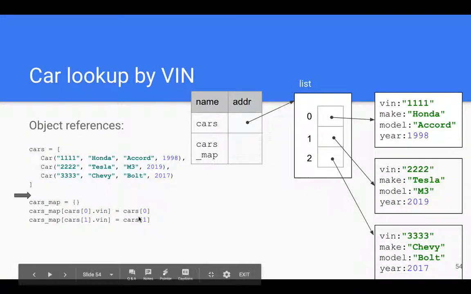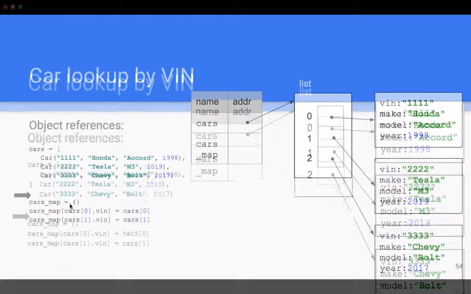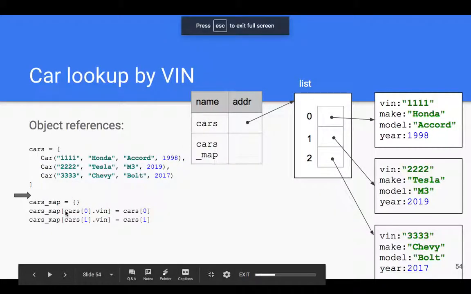Now it's important, like I said, to know what this looks like pictorially: all the names, the references, and what points to what. So let's go through that. As in the code that I wrote, we create an empty dictionary first.